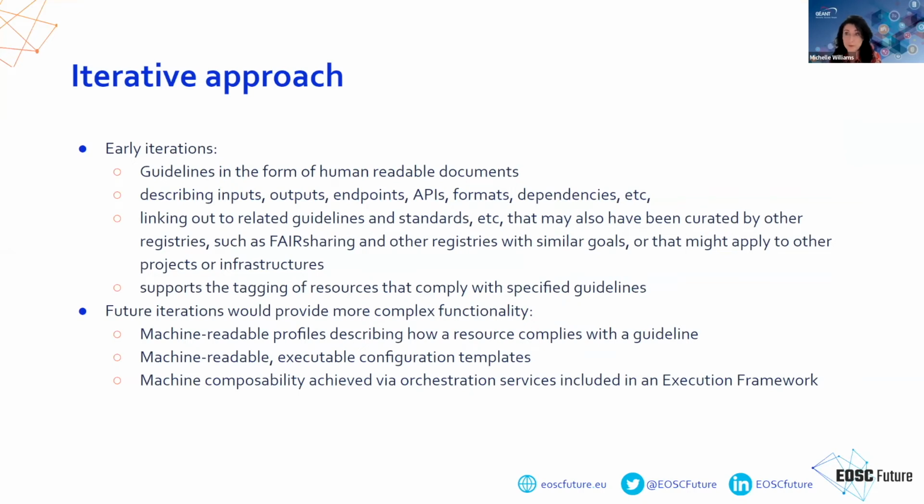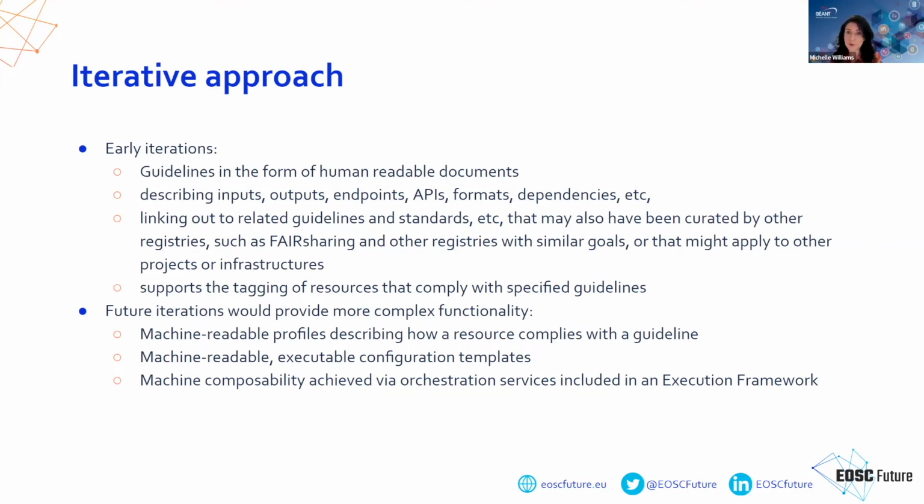So just a little bit more about this iterative approach. It's good practice with any complex development program to take an iterative approach. And by that, we mean that we will deliver functional increments. The first of these would be capable of cataloging human readable guidelines that describe these inputs, outputs, endpoints, APIs, formats, dependencies, etc. And those documents can also link out to related guidelines and standards, where those related guidelines or standards may have been curated by other registries.